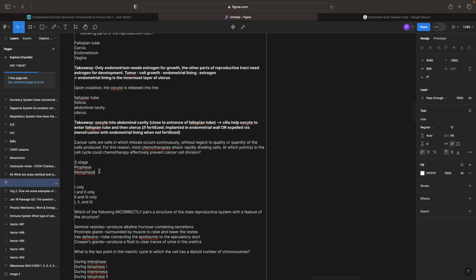The prophase and metaphase, first and second stage of the mitosis. If you want cell division stopped, I would honestly attack all of them. 1, 2, and 3. I know I answered 1 and 2, I think, or 1 only.